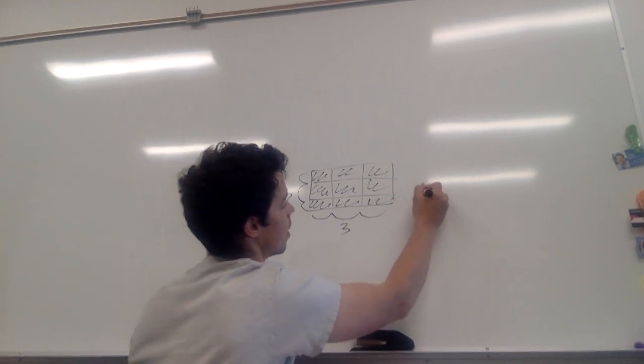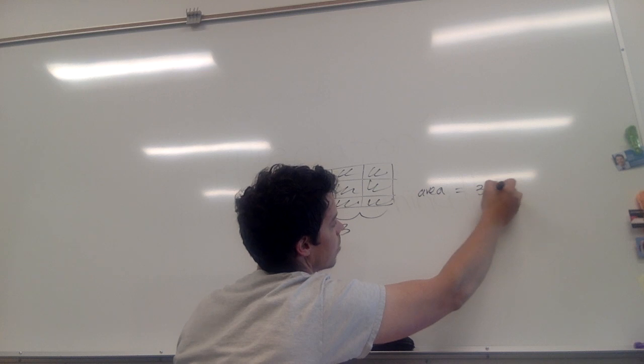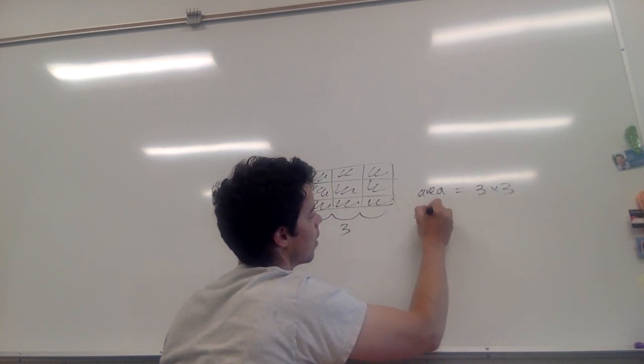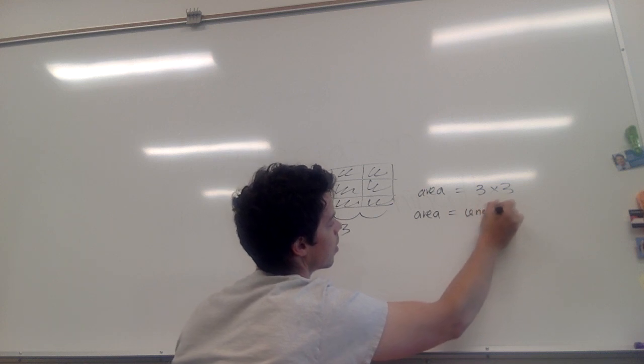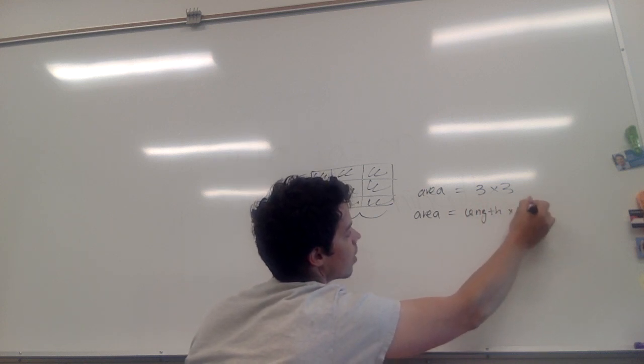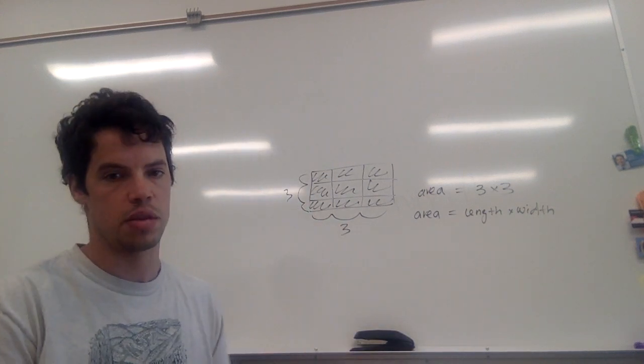And so the area is 3 times 3, or area is length times width. Okay? So that's the basic thing.